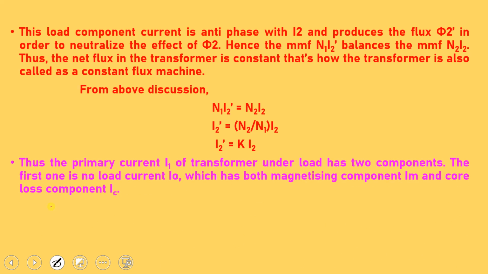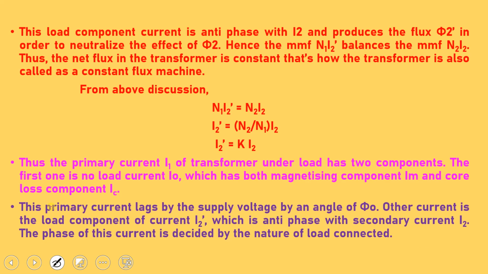Thus, the primary current I1 of the transformer under load has two components. The first one is the no load current, which has both the magnetizing component Im and the core loss component Ic.